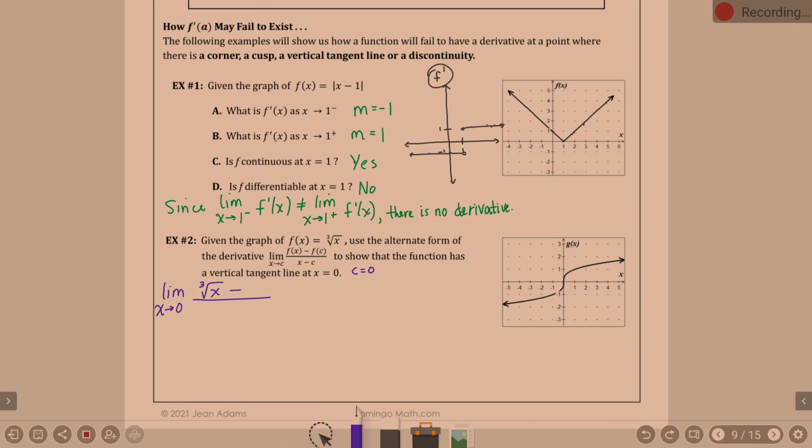What's f of 0? It's the cube root of 0, all over x minus c, which is x minus 0. Okay, clean this up. The limit as x approaches 0. What do we have on top?